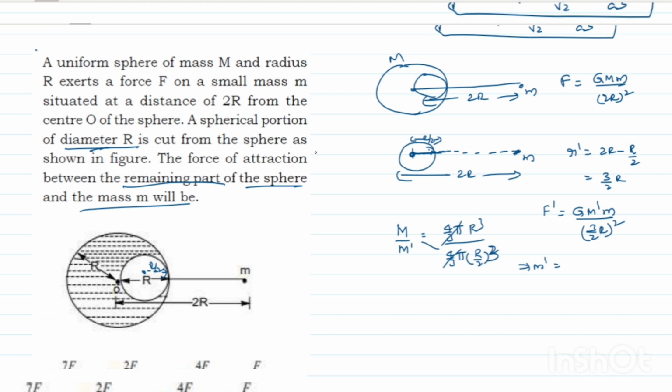Just cross multiply this one: m dash is nothing but m by 8. Now the removed mass will be m by 8.